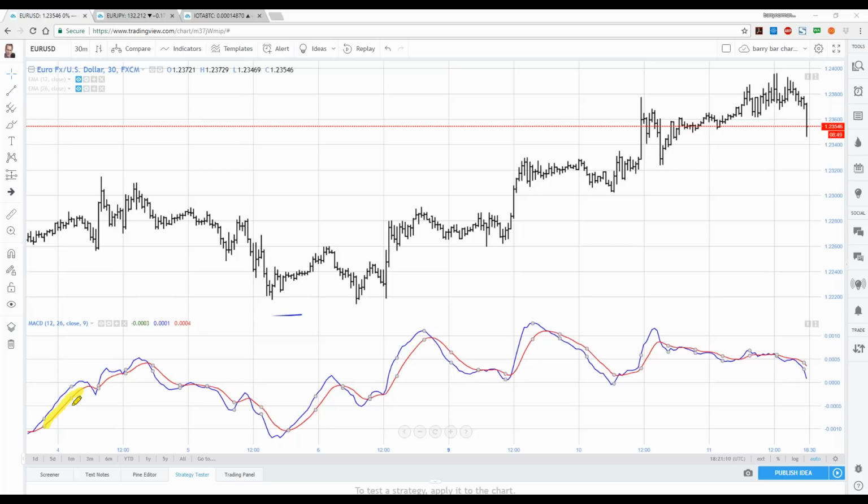This signal line is, and this is a very boring explanation, I'm sorry, simply a moving average, a 9-period moving average of the MACD line. So all you do is take the last 9 MACD numbers that were put on the chart, the difference of the MACD from above, down here, place it on this chart, and then you average it.